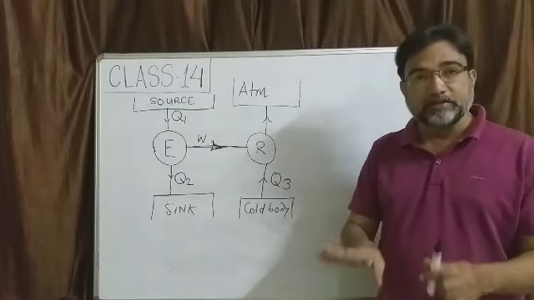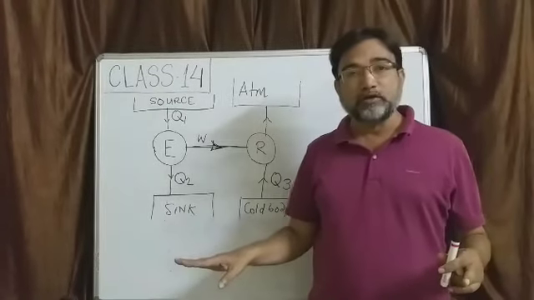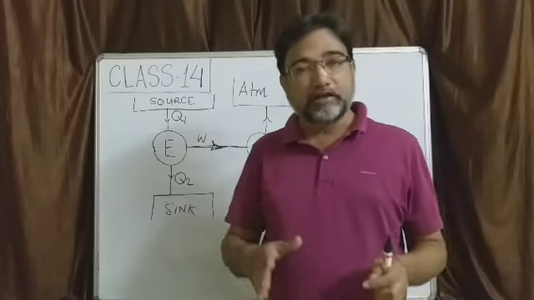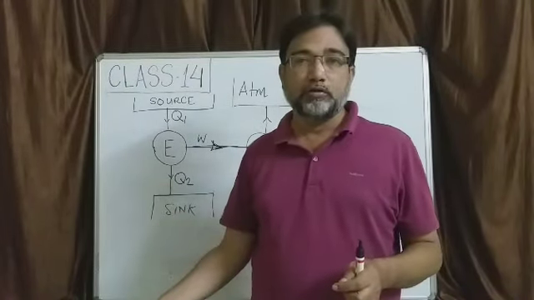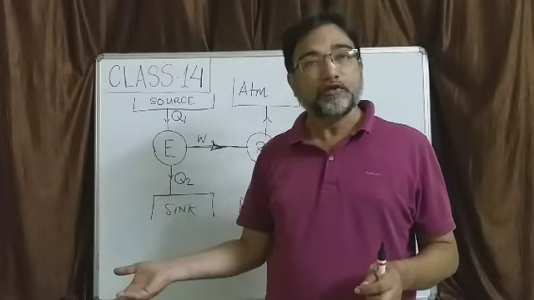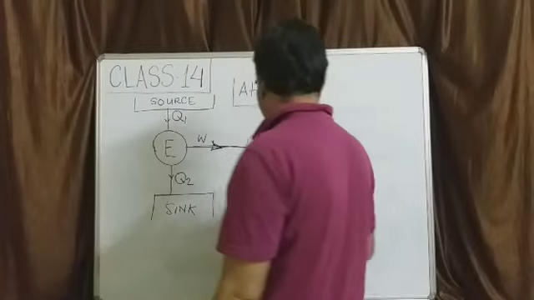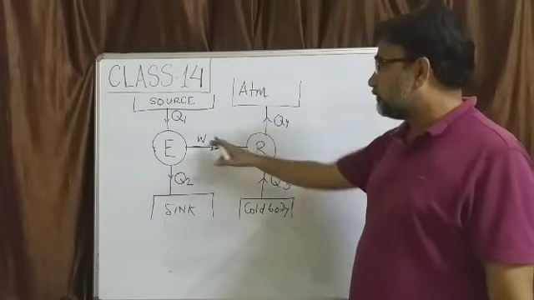And coincidentally in this problem, because no extra information is given, we will assume that all the work that the engine develops will go to drive the refrigerator. So this is like this. So let us call it Q4. Right? So what is W?